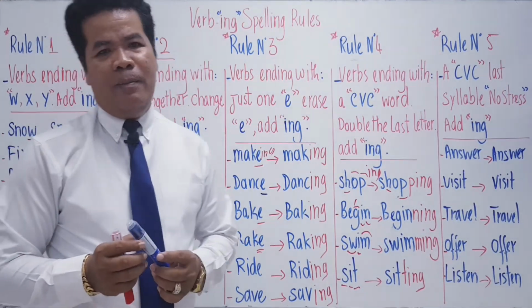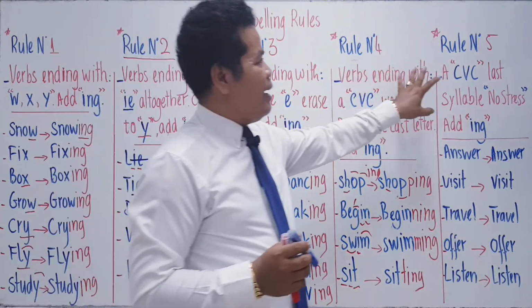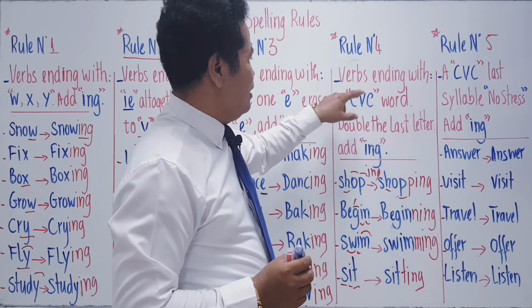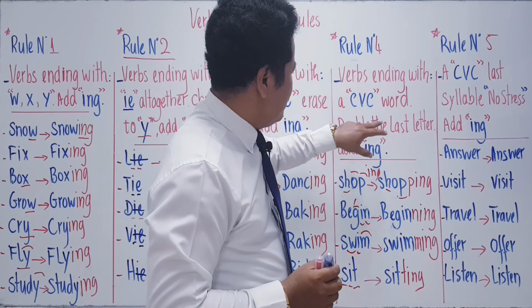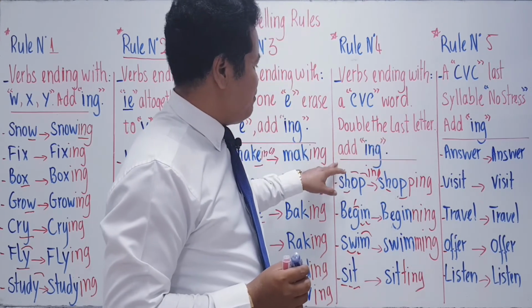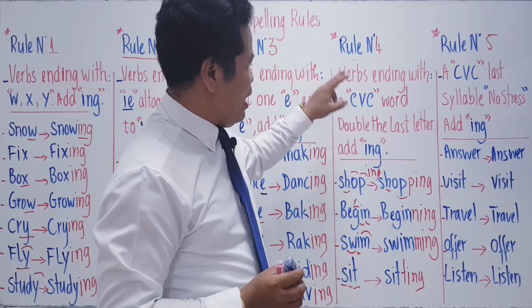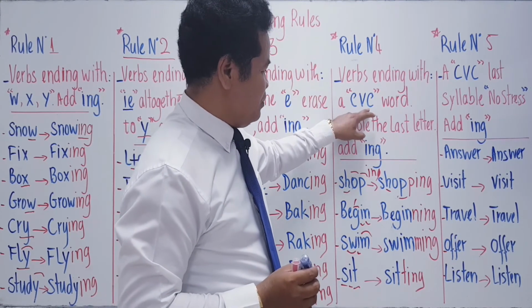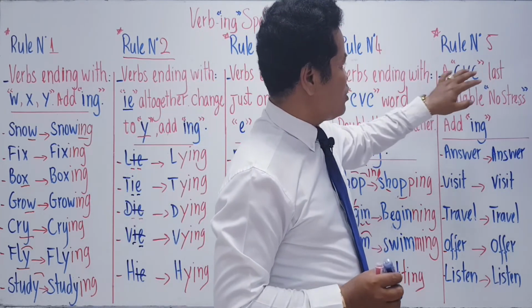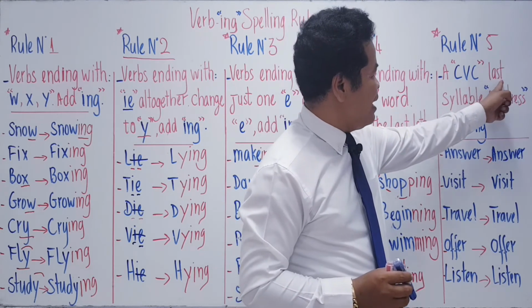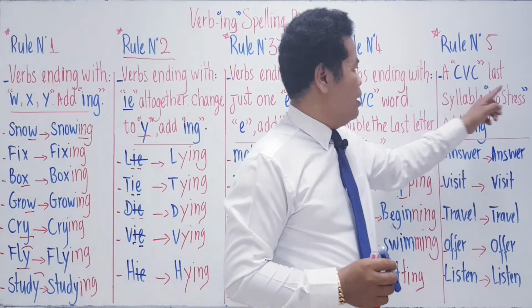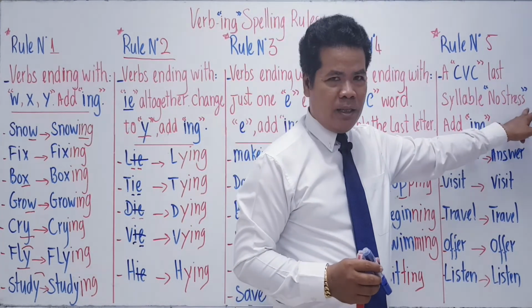Okay? And now, let's go to the final rule. Rule number 5. Verbs ending in CVC, like the double last letter rule, when we have consonant, vowel, consonant, but only in this rule, also rule number 5, we also talk about CVC, but the last syllable has no stress.